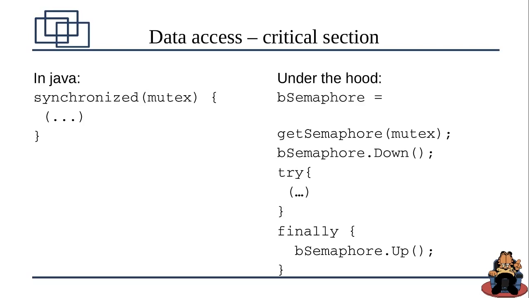You could, of course, use the same lock for multiple blocks of code. Well, this is in Java, so synchronized, mutex, some code. How could this be implemented under the hood when Java is executing on an OS?